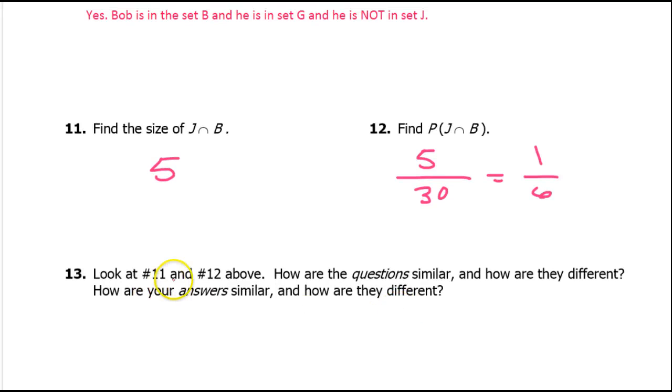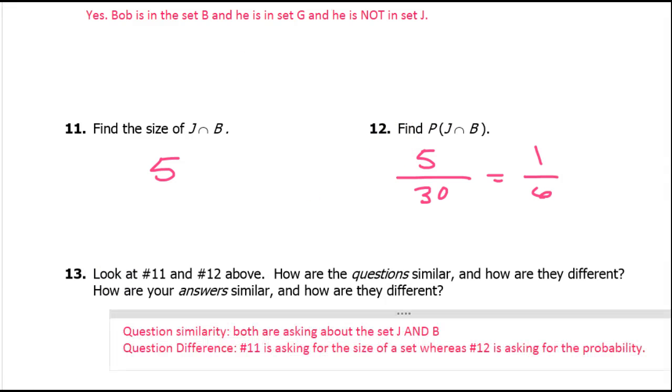Okay, look at number 11 and 12 above. How are the questions similar? How are they different? How are your answers similar and different? Well, problem number 11 is asking us for a size, whereas problem number 12 is asking us for a probability. All right, but they are asking how are the questions similar and different. So how are the questions similar?